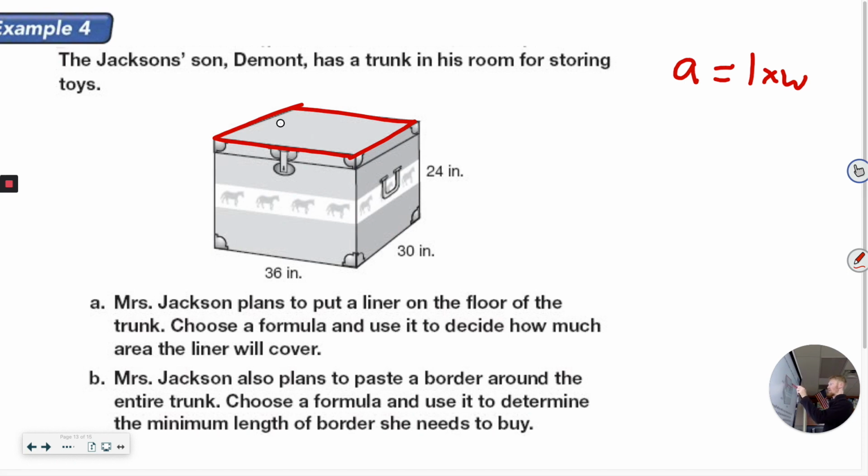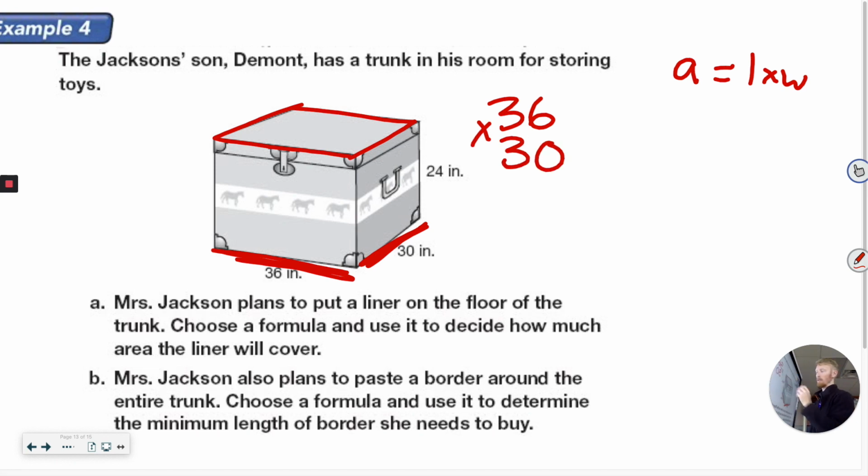So how much material will she need? Area is length times width. Length, I have 30 here. Width, I have 36 here. So 30 times 36. You might be able to do this mentally. If not, you can just write it out like this. 0 times 36 is zeros all the way across.